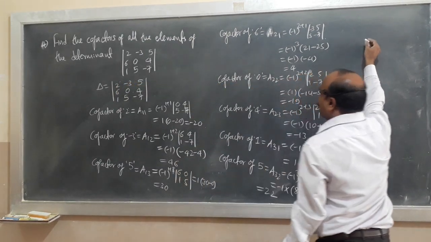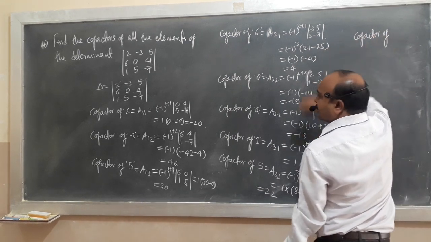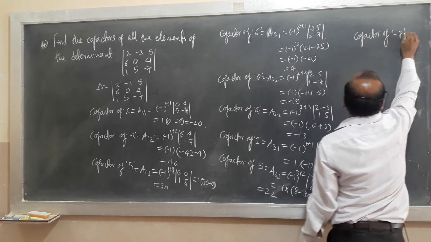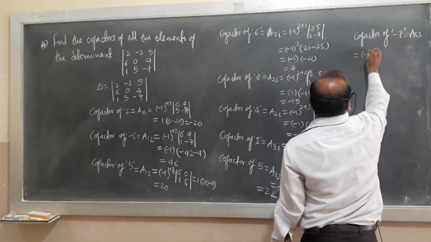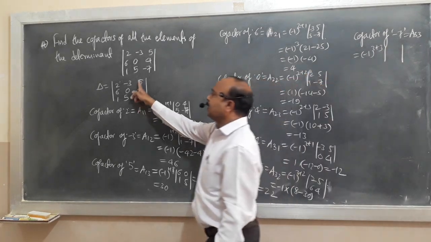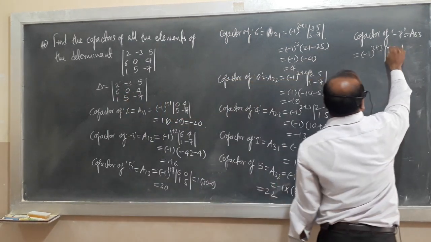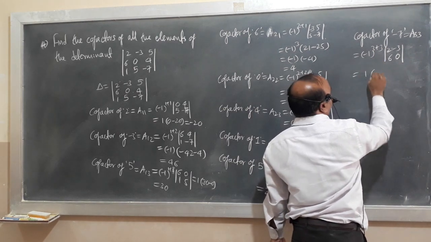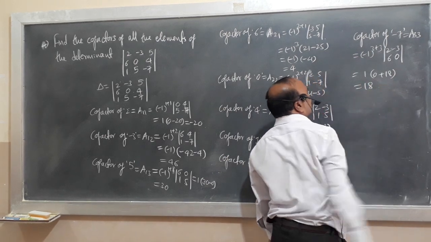Next, the cofactor of the last element, -7. It is given by a33. So it is (-1) power 3+3 into the minor. The minor of this element, deleting this column and this row, is 2, -3; 6, 0. We get (-1) power 6, which is 1, into (0 + 18). It is equal to 18.